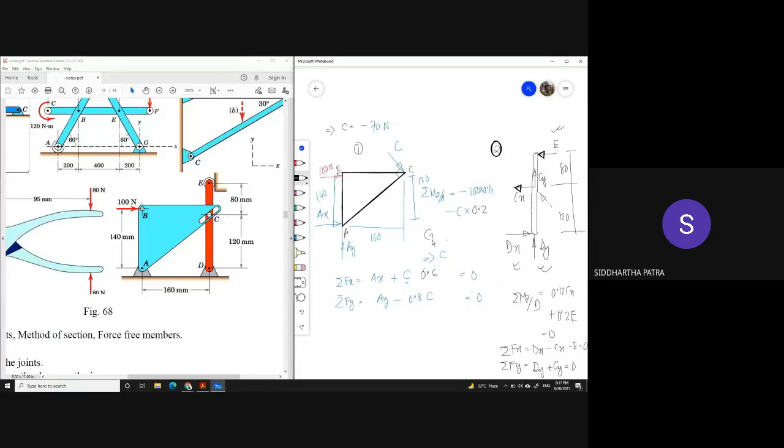So Cx is 0.6 C, and Cy is minus 0.8 C, corresponding to how we have drawn it in the free body diagram.